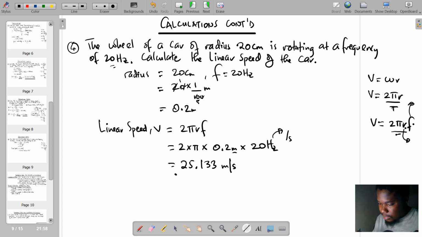That is our linear speed. So this is very, very easy, and it's just knowing what you're given and knowing how you can manipulate it. Remember, the reason why we didn't convert the radius in the previous problem was because the units could have cancelled out.